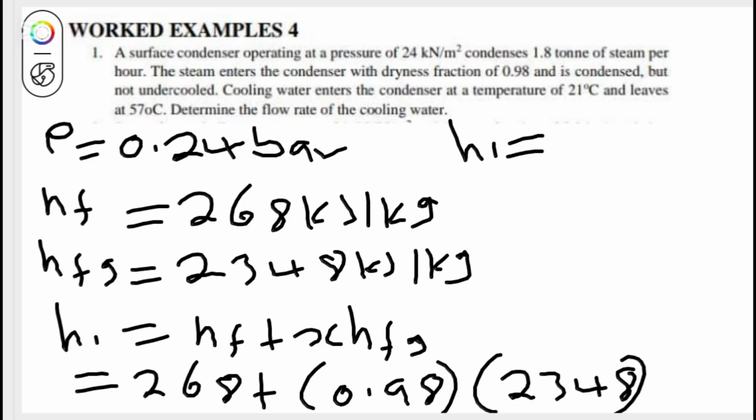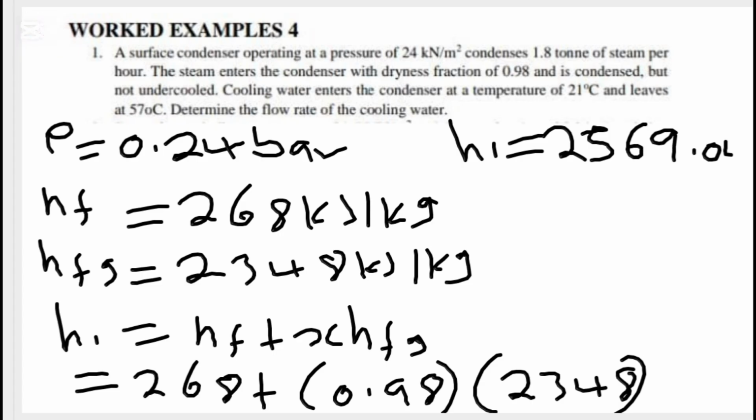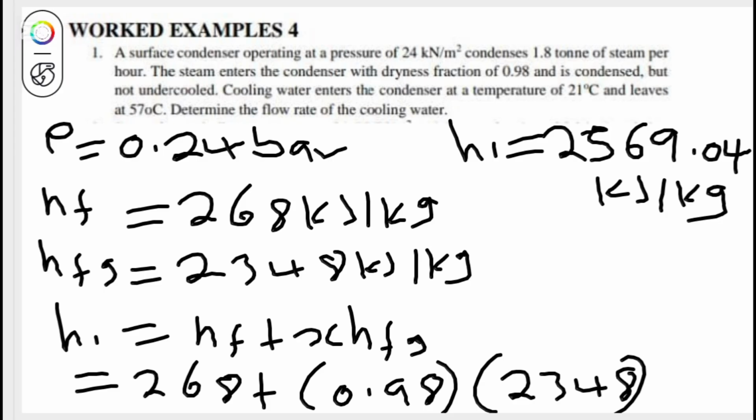At the end, h1 will be equal to 268 plus 0.98 multiplied by 2348. So at the end, my h1 will be 2569.04 kilojoule per kg.